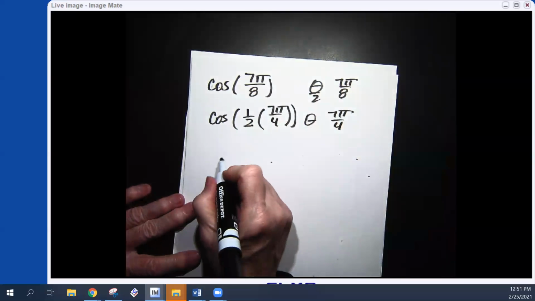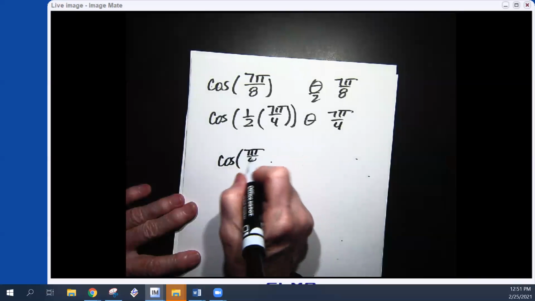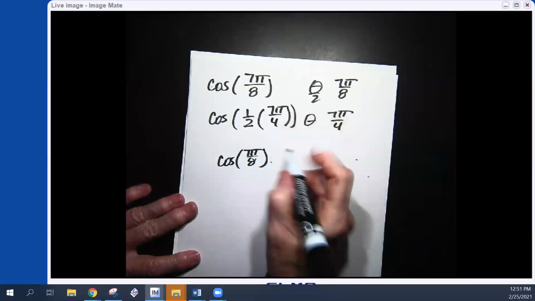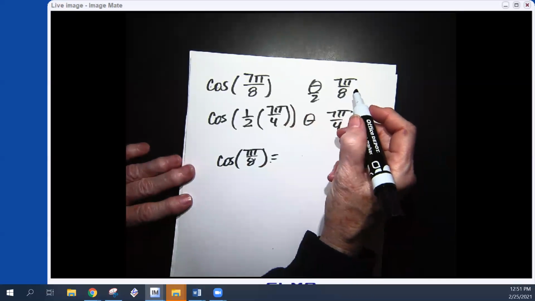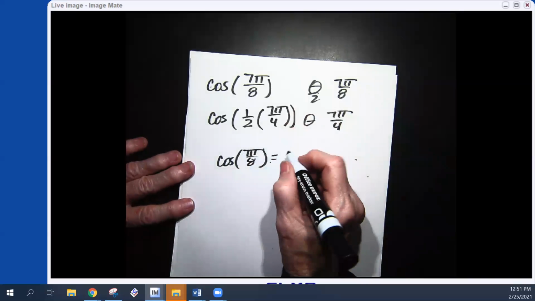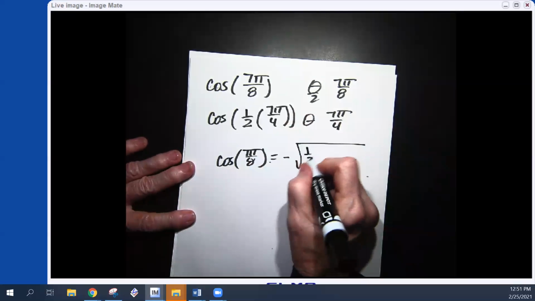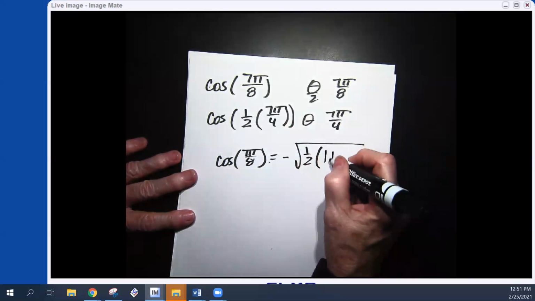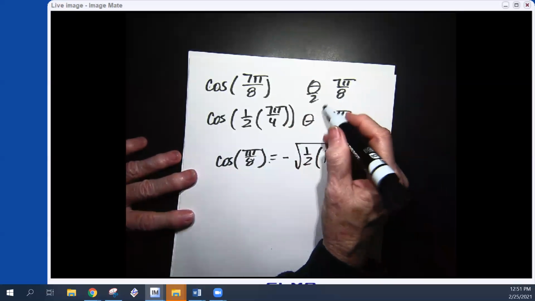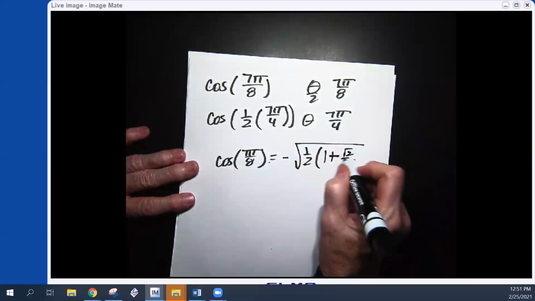So the cosine of 7 pi over 8, which is in quadrant 2, where cosine is negative, would be equal to negative square root of 1/2 times 1 plus, and the cosine of 7 pi over 4 is root 2 over 2.